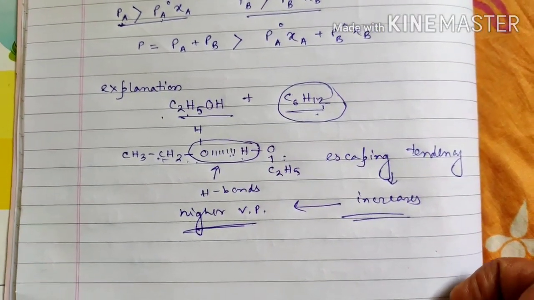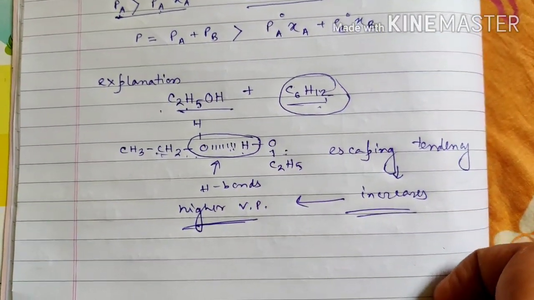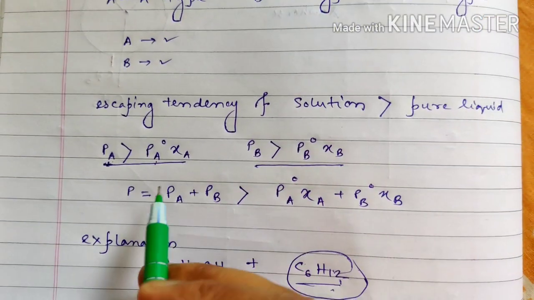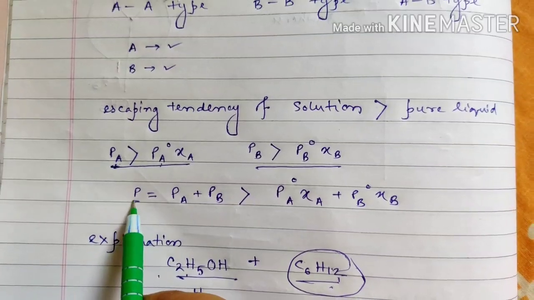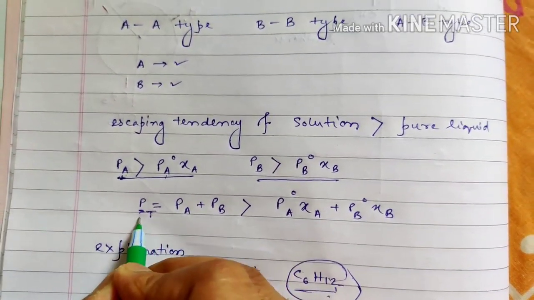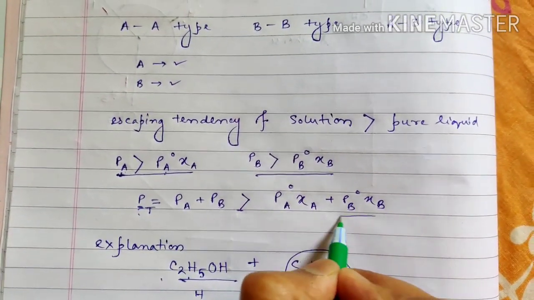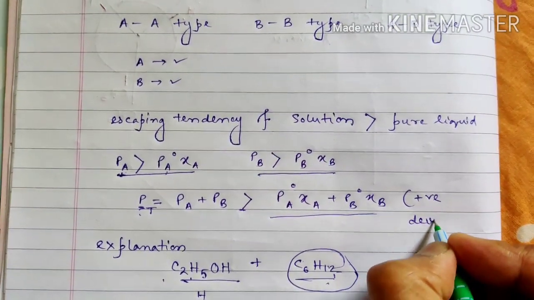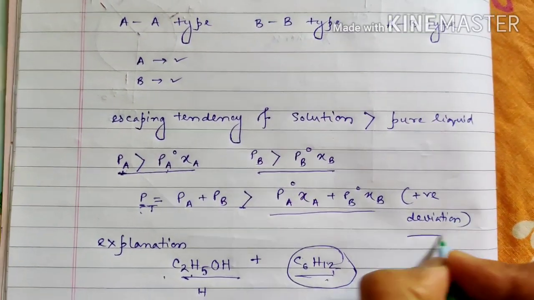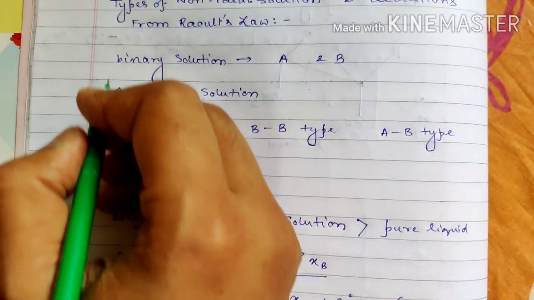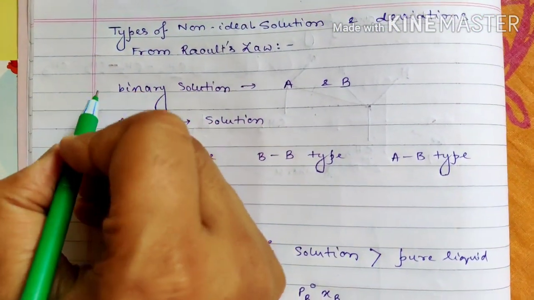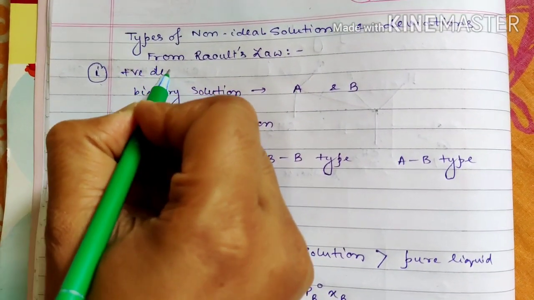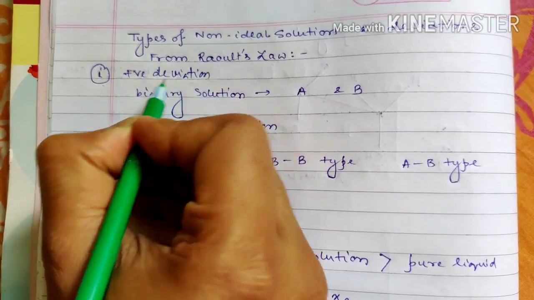So in this case, the vapor pressure will always be greater than the expected one. In this particular case, we can see that the total vapor pressure will be greater than what was expected. So we can call it the positive deviation from Raoult's law. This is the first kind, where we are observing the positive deviation.